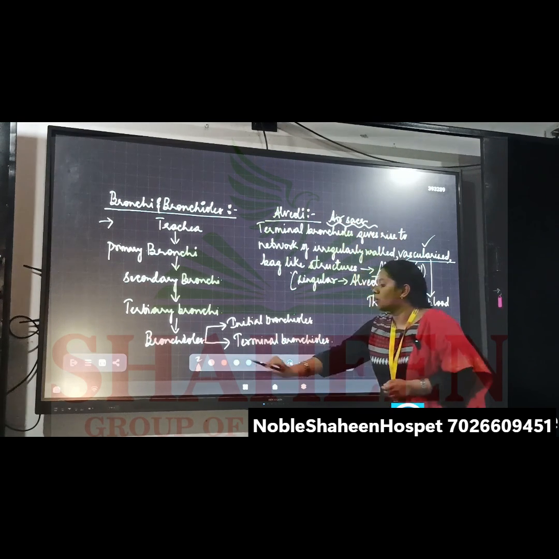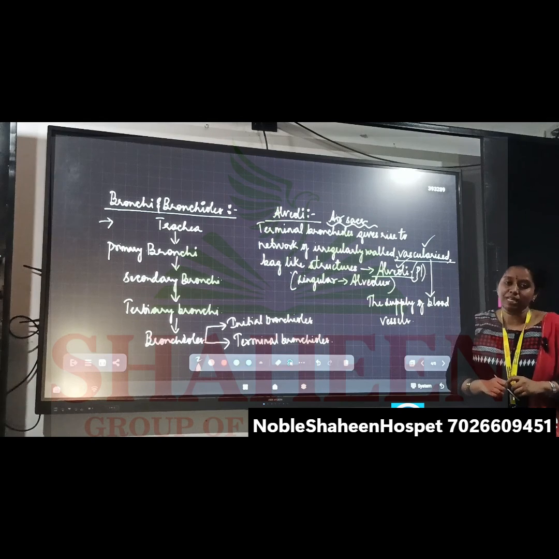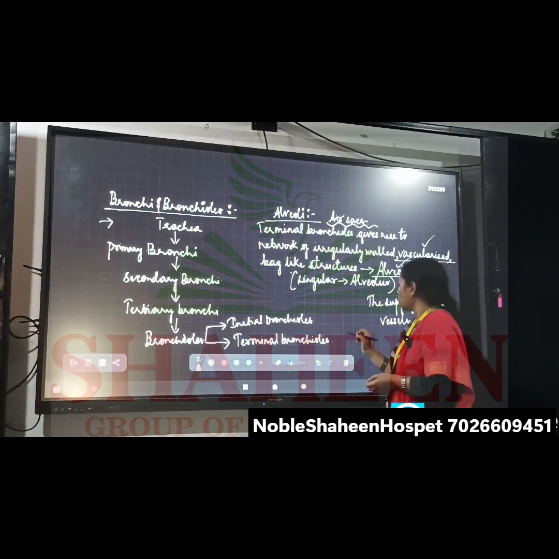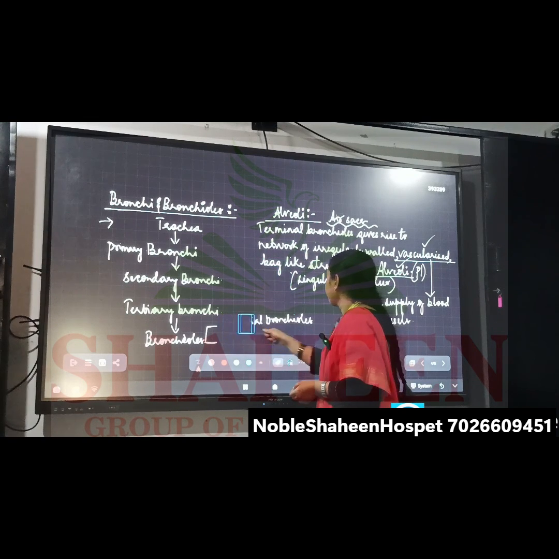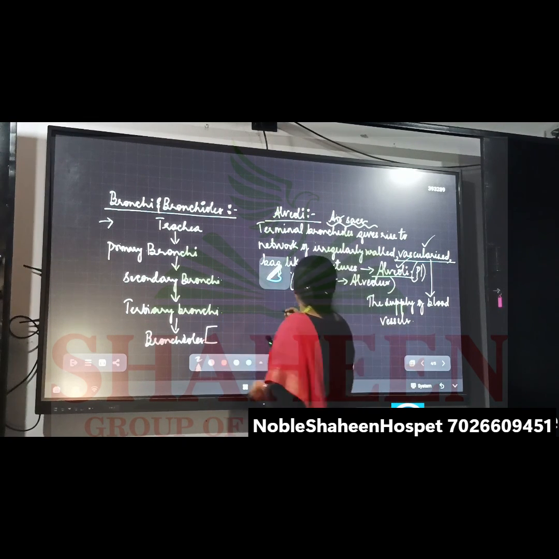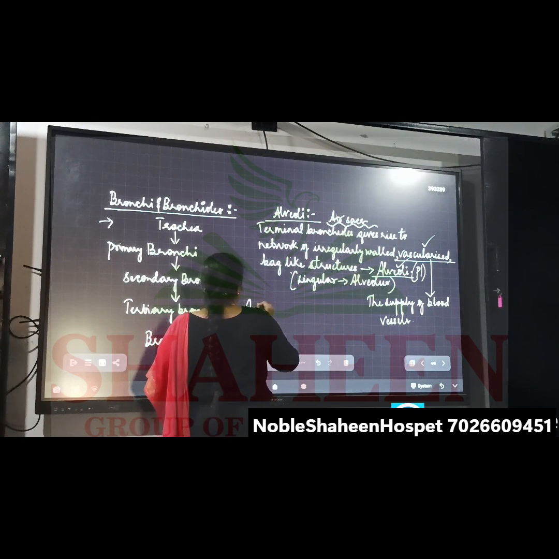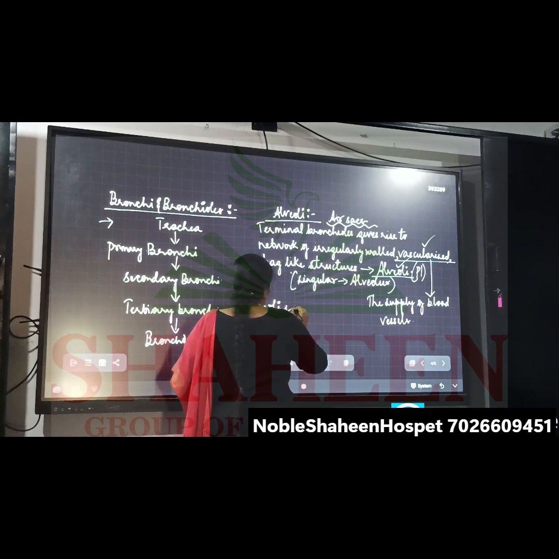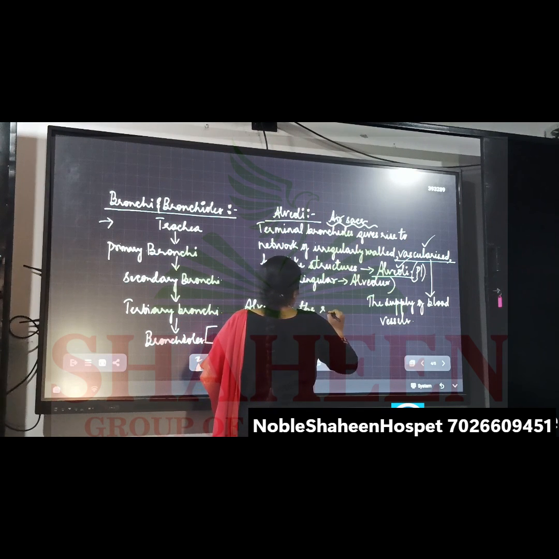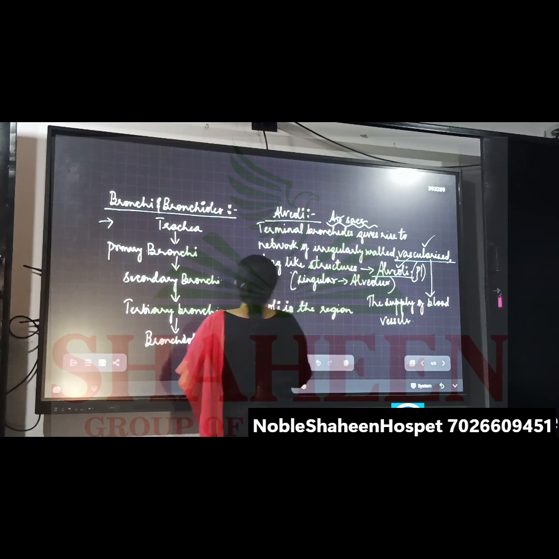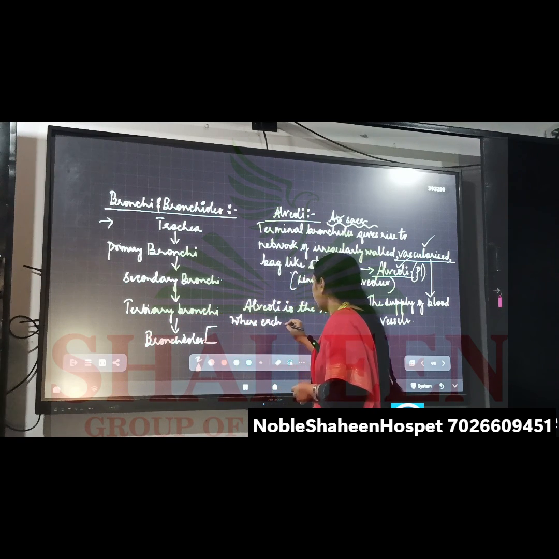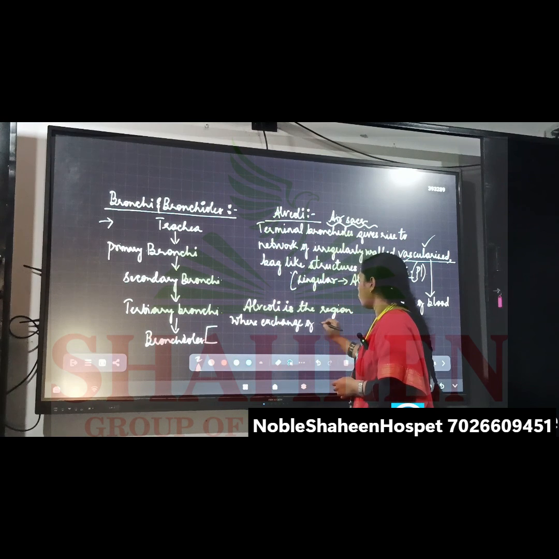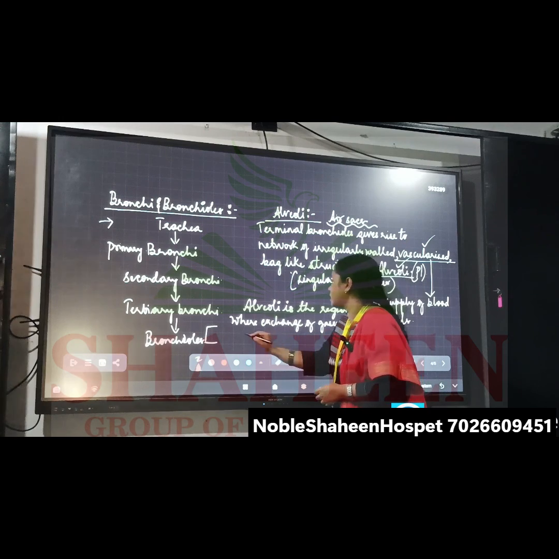So this is the region where exchange of gases takes place by a process of diffusion. So where is diffusion going to take place? It is going to take place in alveoli. Alveoli is the region where exchange of gases takes place.